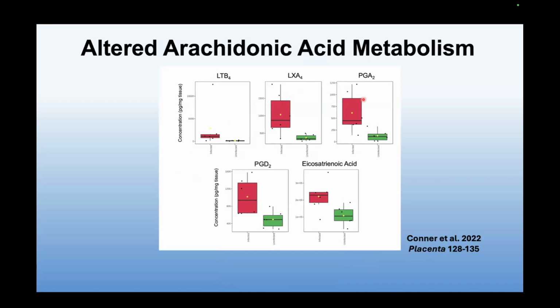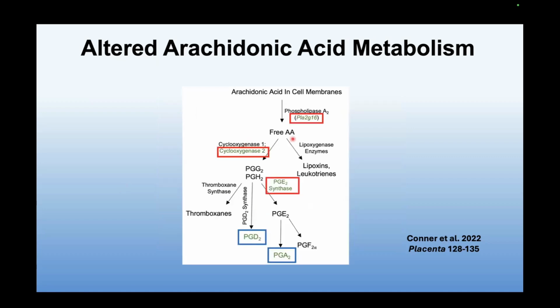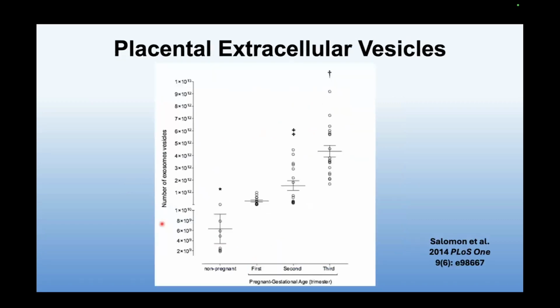So lipoxins, prostaglandins, other kinds of things like this are upregulated and downregulated by this infection. And we've done a bunch of analysis on that, my grad student, Kayla. So here you see in the transcriptome, we see these enzymes upregulated that are in the eicosanoid pathway, and they're responsible for the upregulation of these hormones. And some of them are used in humans to induce labor. So that's one of the reasons we get preterm birth with these mice when they're infected.